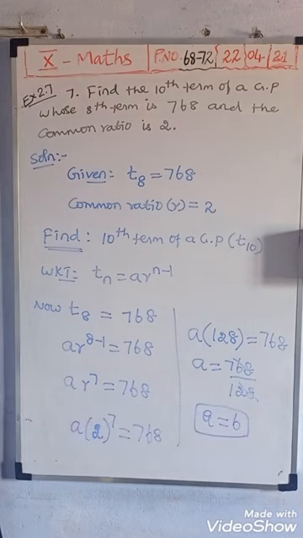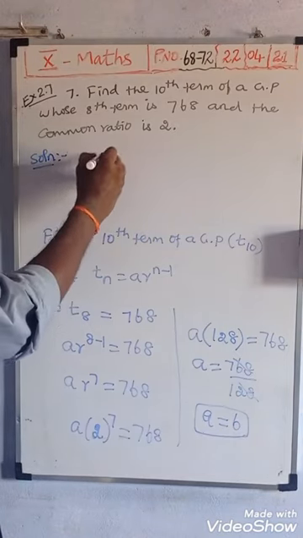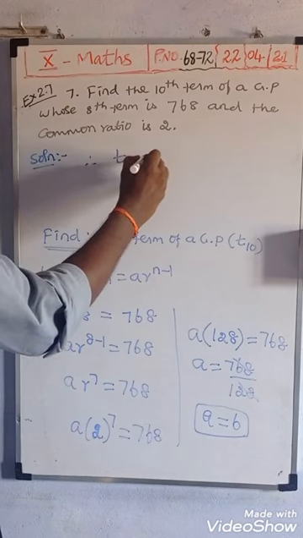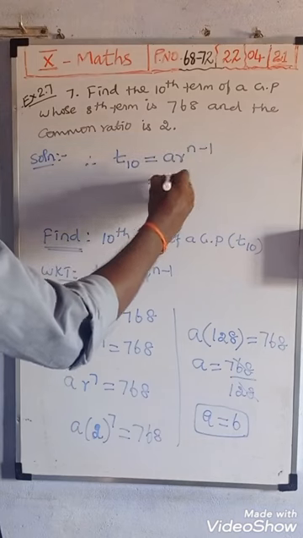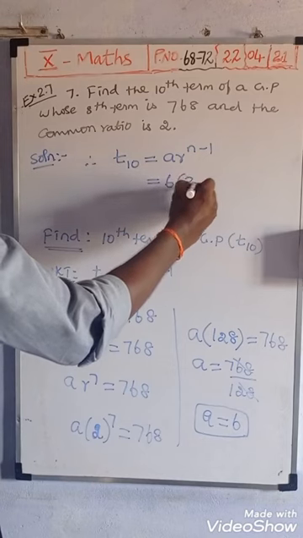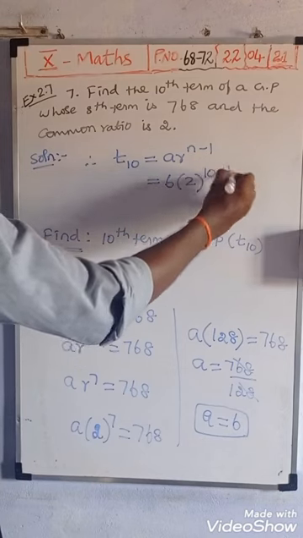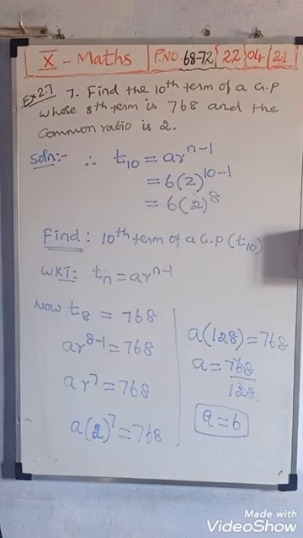That's all. Here a and common ratio: using the common ratio, we received the value of a. Now a and r are there, then we want to find the value of the 10th term. Therefore, T10 is equal to a r to the power n minus 1. So a is 6, r is 2, n is 10, 10 minus 1, sorry, 9.